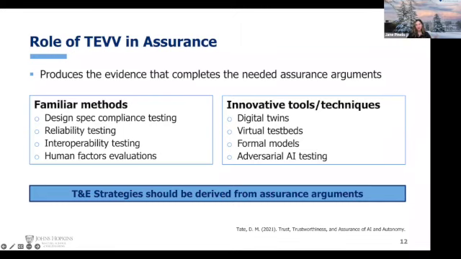And so for that, you will see me using a lot of virtual test beds, digital twins, M&S, et cetera. They're also formal models, right? At the end of the day, these are mathematical models. And even though they're hard for humans to understand because they get incredibly complex, some of it is about just mathematical proofs and formal methods. And so in some cases, we can do that.